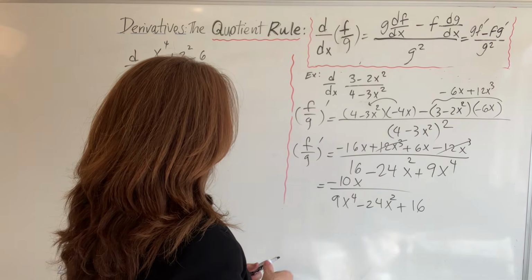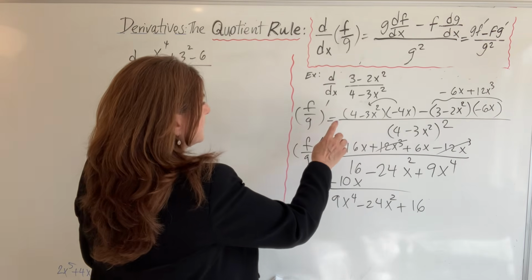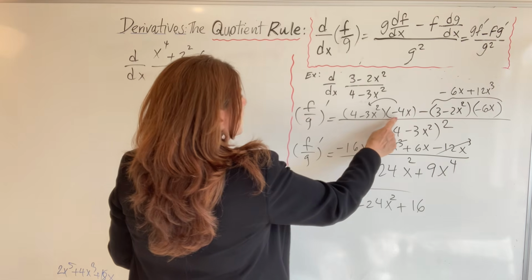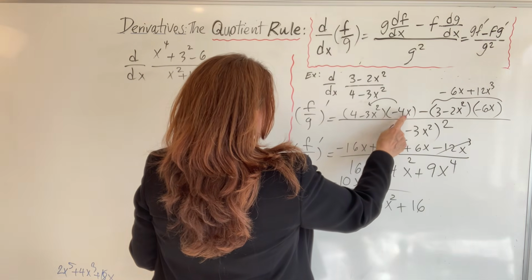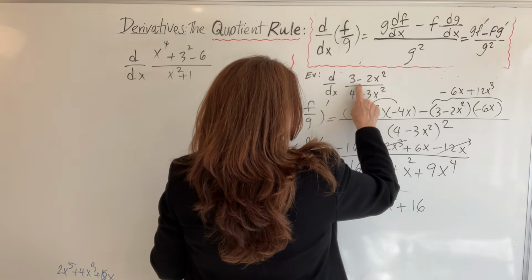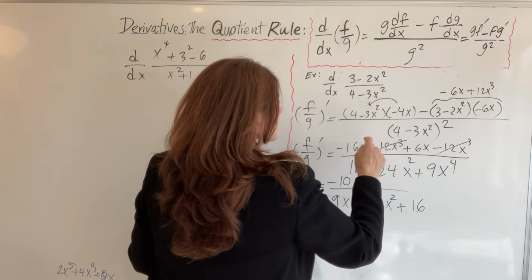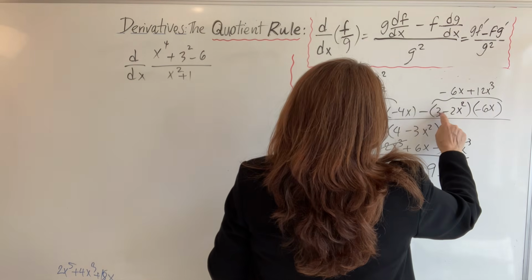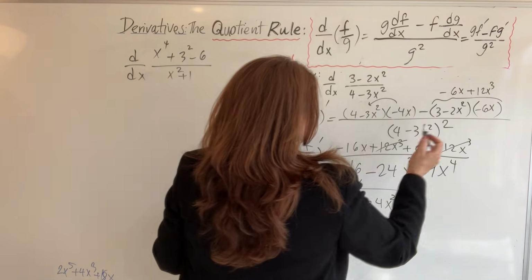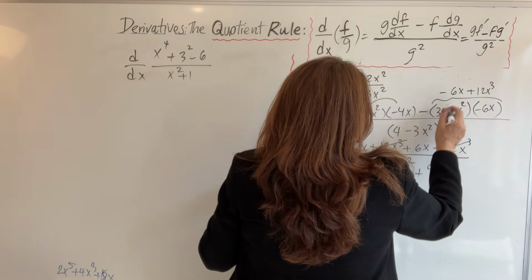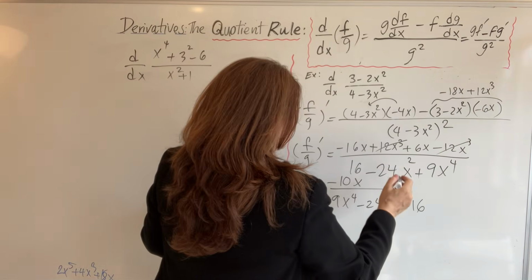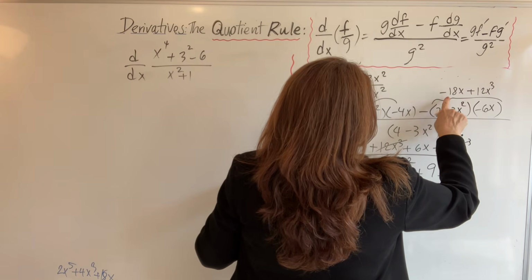Okay, just check this one. This one times negative 4x, negative this one times negative 6x. Here, this one is negative. Negative x times this is negative 18.